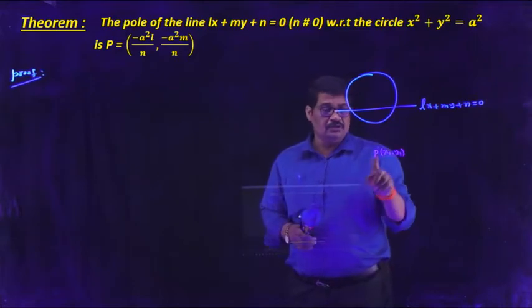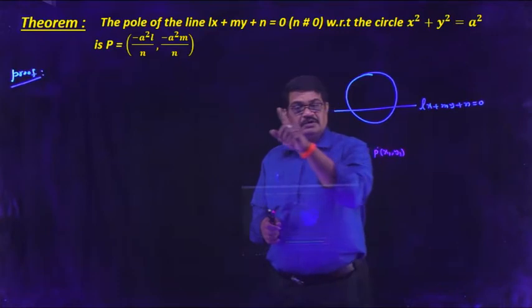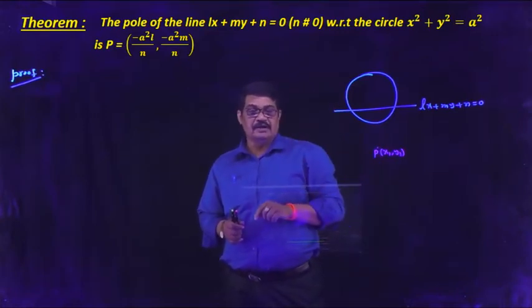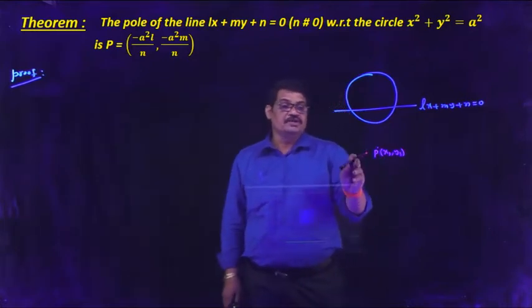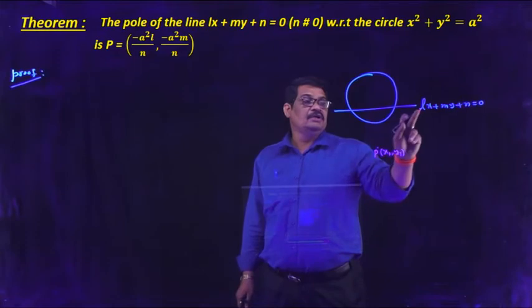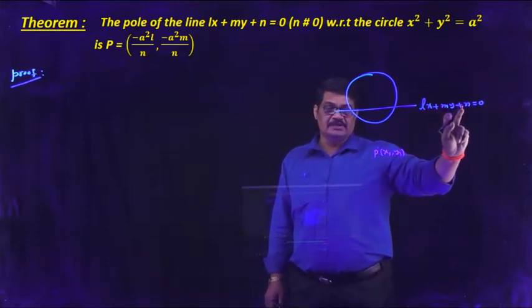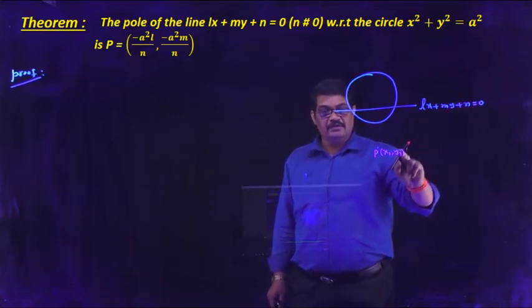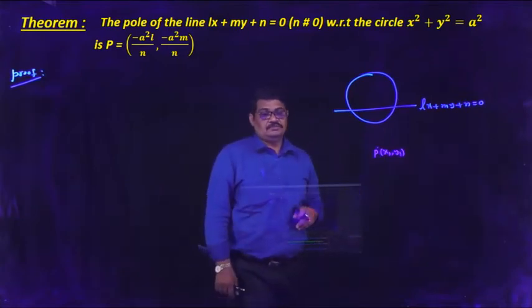These are the coordinates of the pole. We have to prove that x1 is minus a square L by n and y1 is minus a square m by n. This is the polar Lx plus My plus n is equal to 0, and we have to find the pole of this line with respect to the circle. This is our theorem.